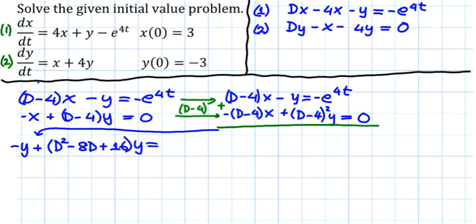It's not 0, it is negative e to the 4t. Add those side by side, we have that. Rewrite this equation: we have d squared y, which is the second derivative of y, minus 8 times the derivative, plus 16y minus y, that is plus 15y, equal to negative e to the 4t.